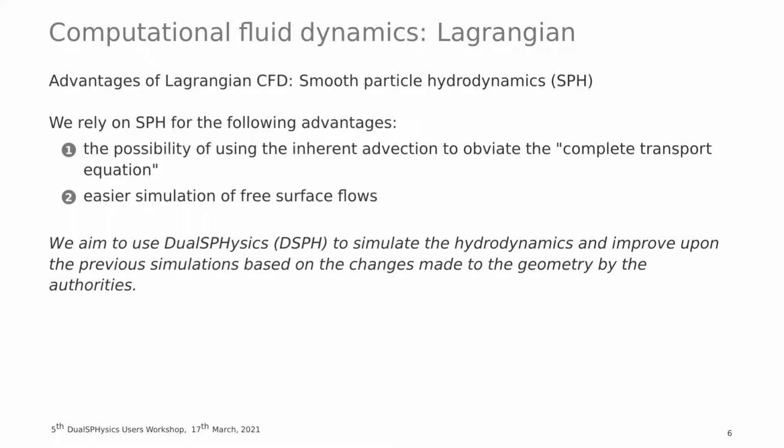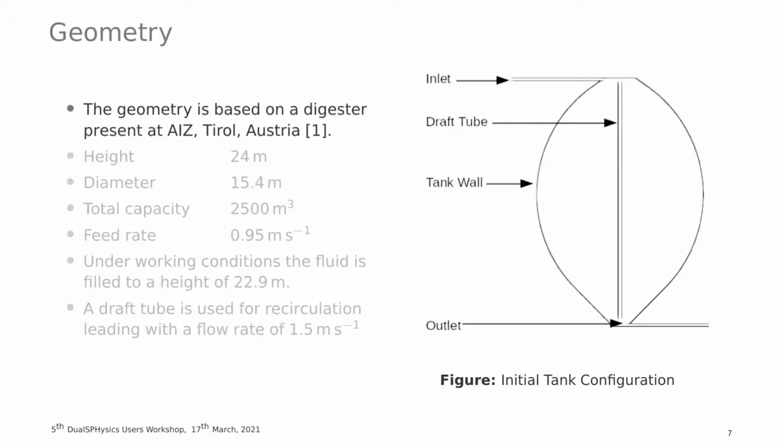So there have been certain changes made to the original geometry and certain simulations which had been done of this tank, but they are not valid anymore because there have been certain changes in the past few years. So this is the geometry here, and what we have is the total height of the tank is 24 meters.